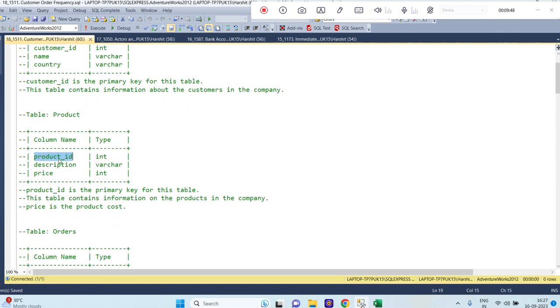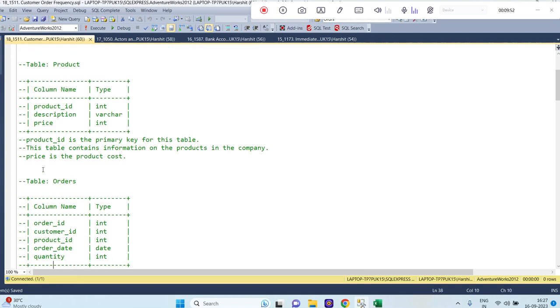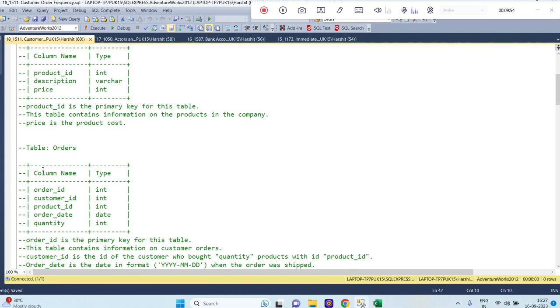In the products table, the product ID, description and price columns are given. Product ID is the primary key for this table. And one more table given is the orders table. In the orders table, order ID, customer ID, product ID, order date and quantity are given. So customer ID is common between the customers table and the orders table, and product ID is common between the products table and the orders table.